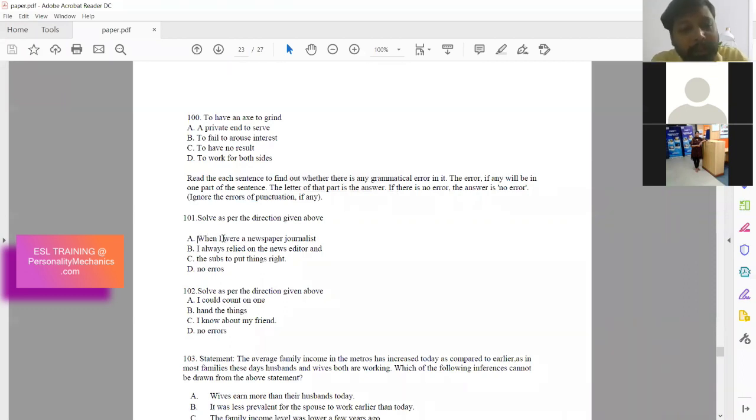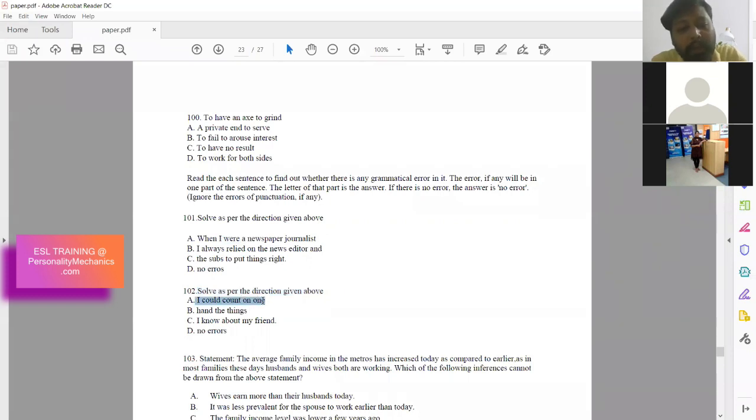If you would have realized, there is a plural verb with I, which is a singular subject. So it is a subject-verb disagreement. This should have been I was a newspaper journalist, right? Everyone knows this.